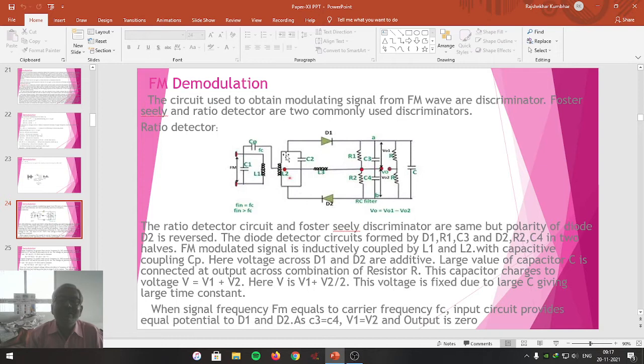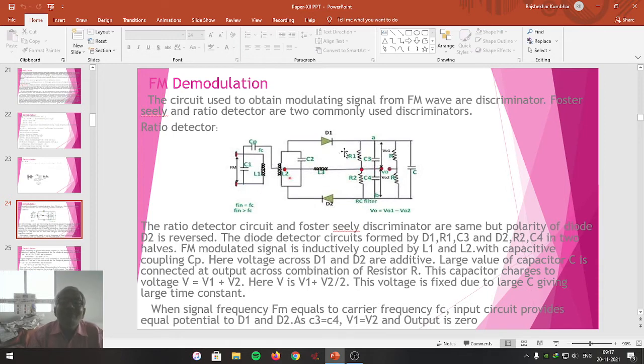The ratio detector circuitry consists of a transformer formed by L1 and L2 as primary and secondary, used to couple the frequency modulated wave to the demodulating discriminator circuitry. It consists of diodes D1 and D2 which are connected in opposite directions. The entire circuit is divided into two halves, an upper half and a lower half.